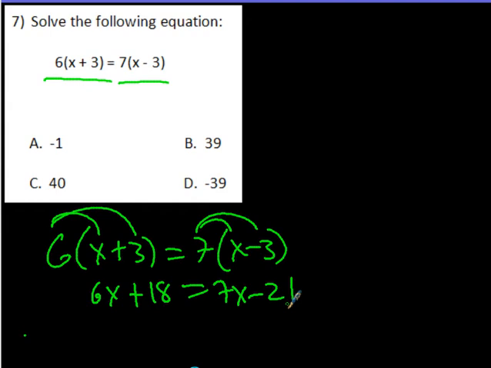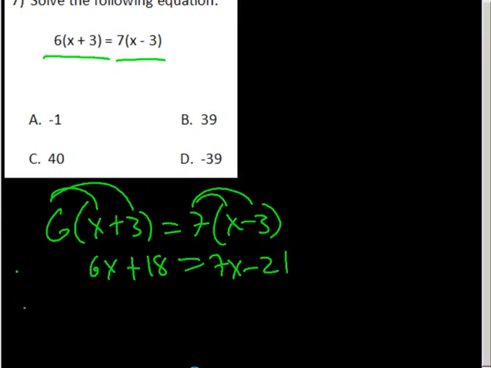Now I'm going to show you the way that I would do this in one step. Scroll down just a little, and I would do the adding and subtracting all in one. I would prefer to have my x's positive, so I'm going to subtract 6x. That way I don't have to worry about the negative.